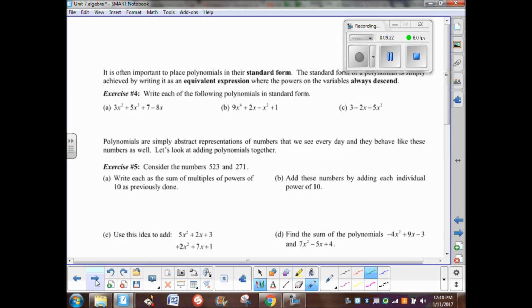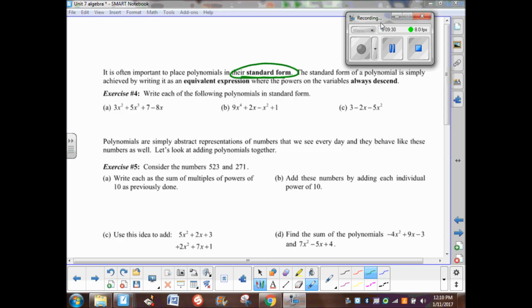So it says it is often important to place polynomials in standard form. Standard form of a polynomial is simply achieved by writing it as an equivalent expression, it's the same expression, where the exponents always descend. So if I take this first example, I need to find the term with the highest exponent.